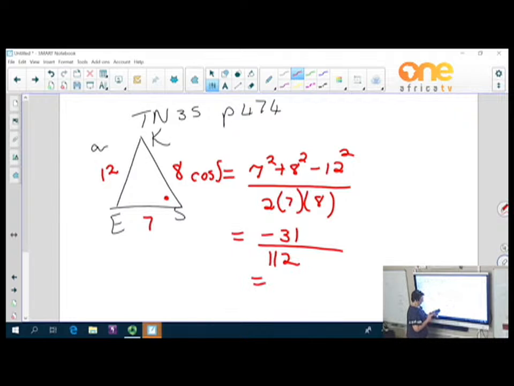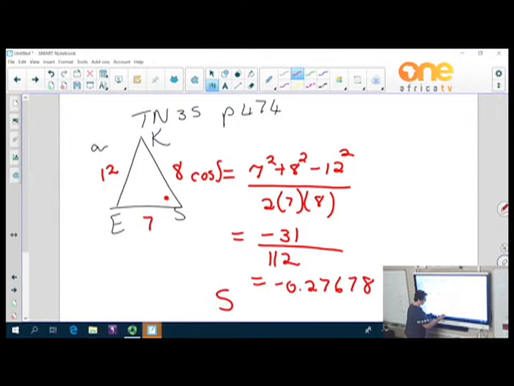Now, negative 31 divided by 112 is equal to negative 0.27678. Again, let's go for 5 significant figures. Now remember, we want the angle.